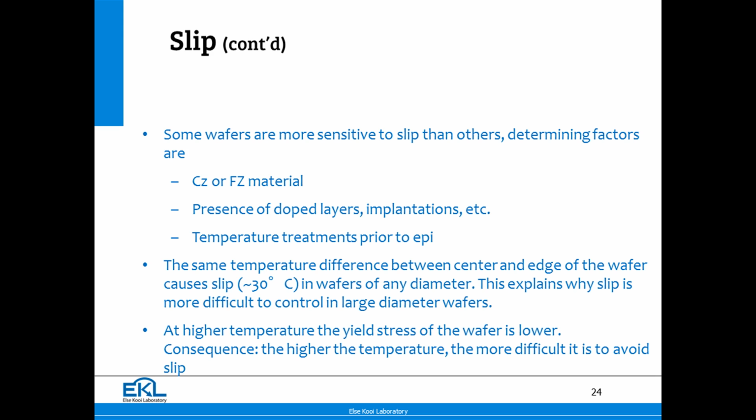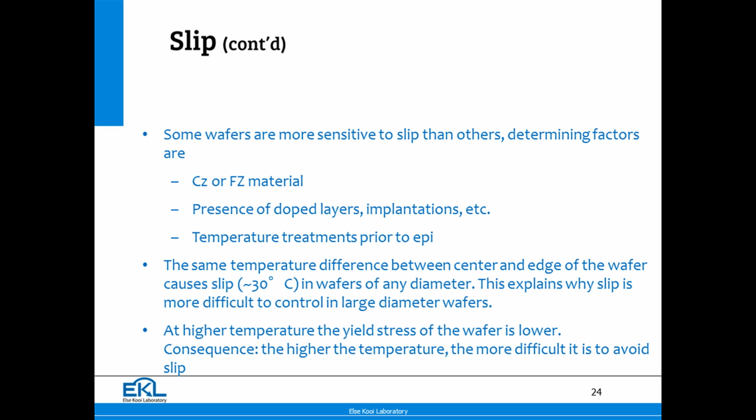Presence of doped layers, implantations all cause stress, so that they have an influence on slip. And any treatments prior to EPI that leave residual stress in the wafers are, of course, not so good to prevent slip.